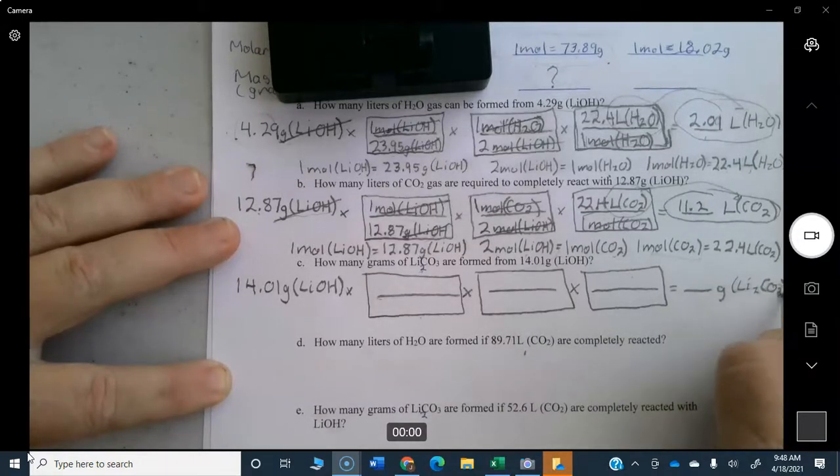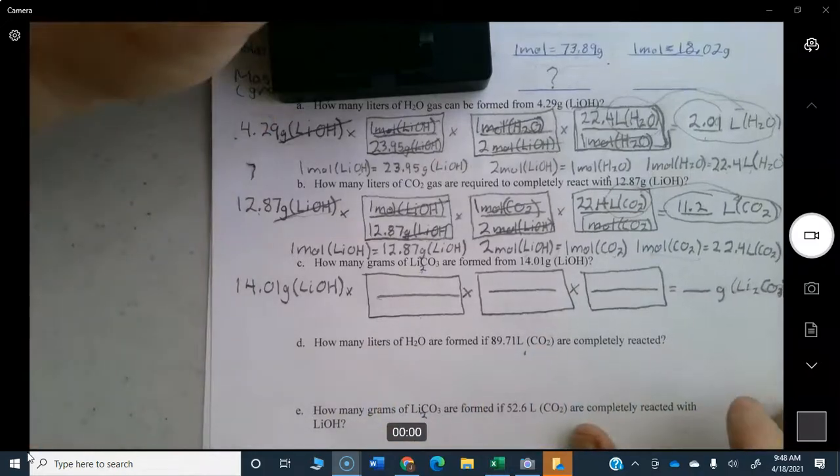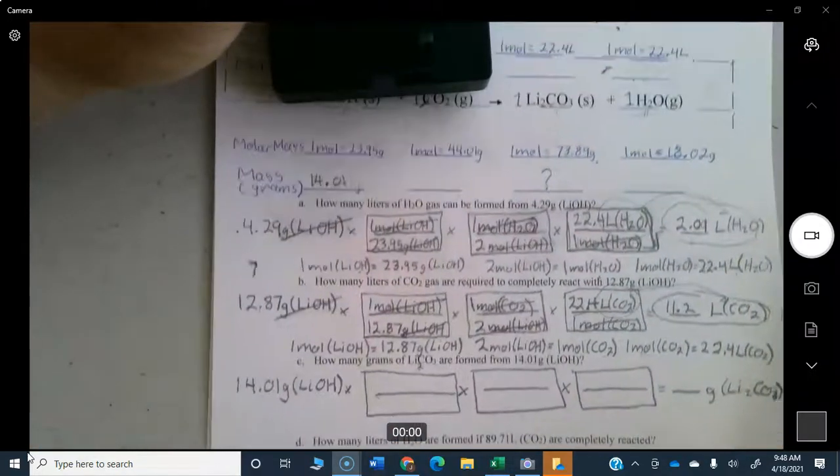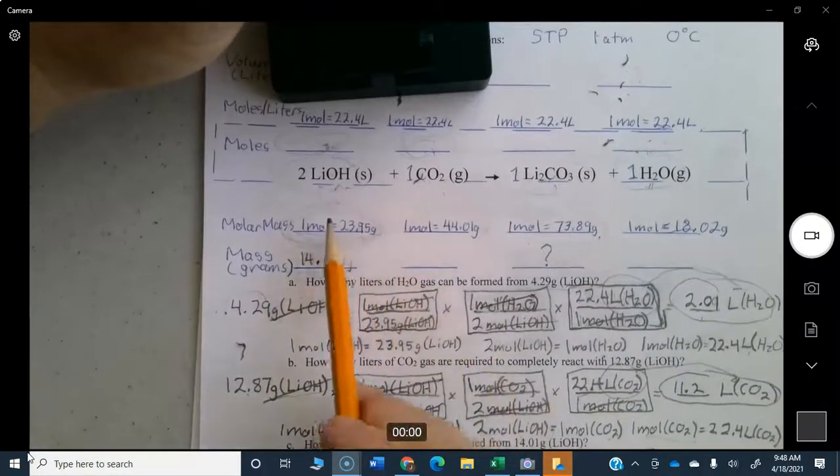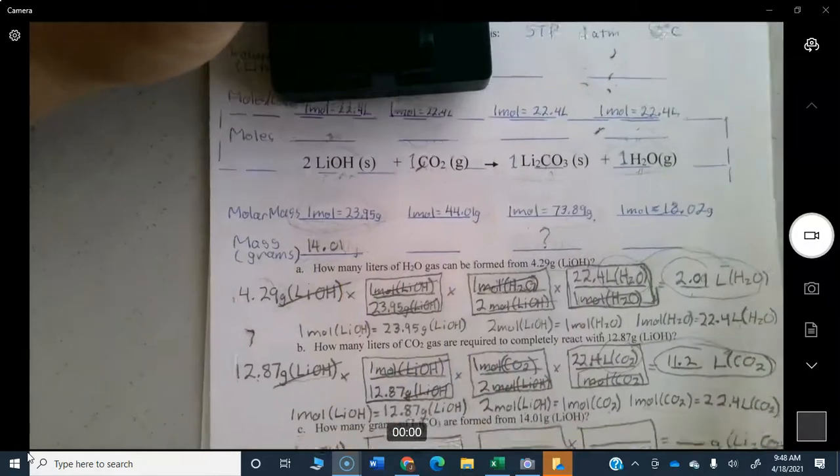There we go. Okay, so there you go. It's 3 conversions. First one is right here. It's the molar mass of lithium hydroxide.